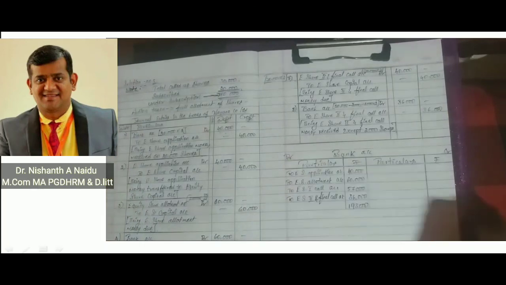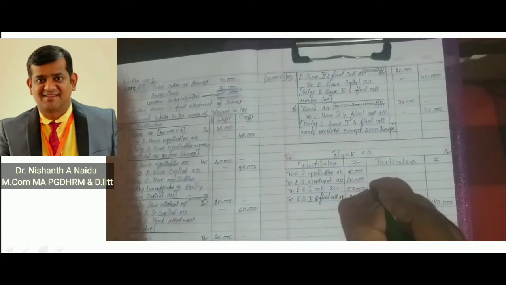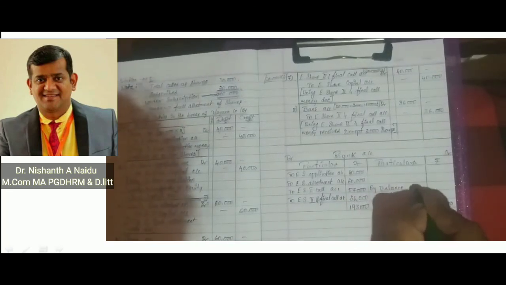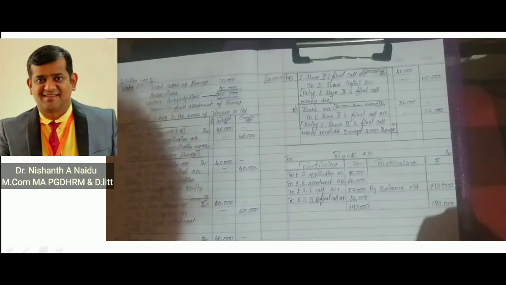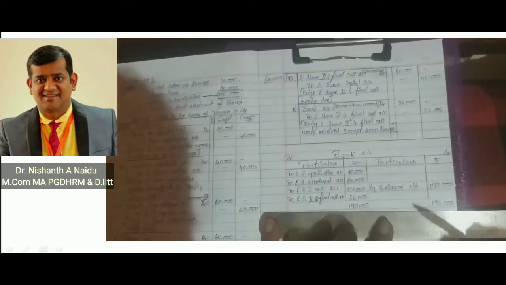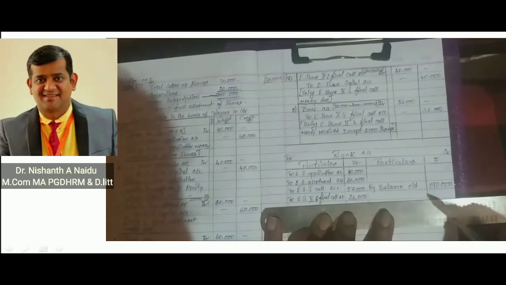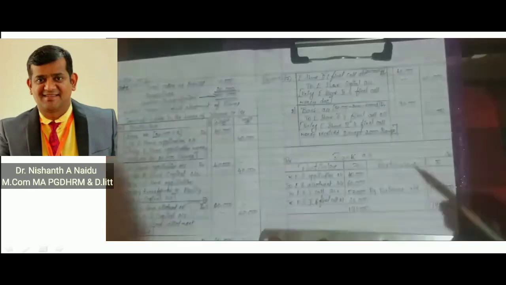Since there is no other bank transaction here, I am going to write by balance carry down 1,93,000 rupees. Now both sides close the table, and your bank account amount you got is 1,93,000.